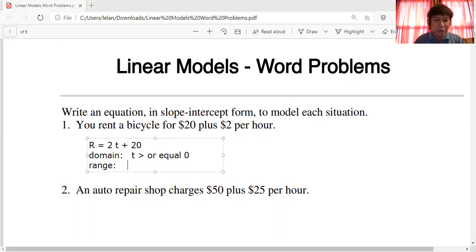So the rent, of course, will be greater than or equal to $20. That will be the possible range value. That goes to our first number.